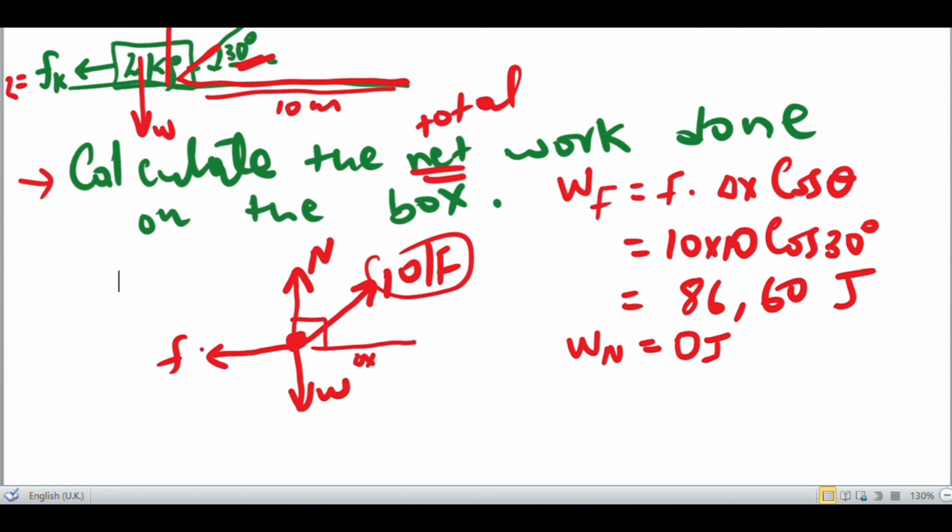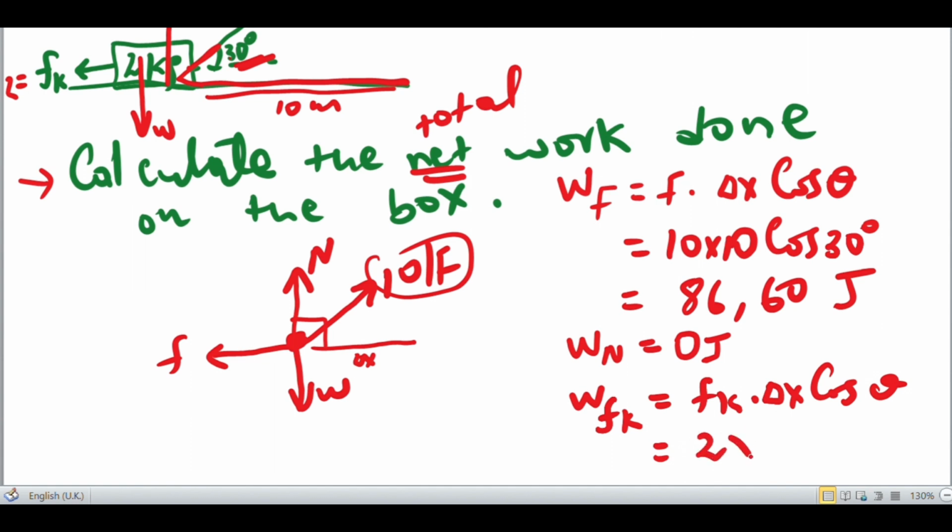Now, let's do the work done by frictional force. The work done by frictional force is equal to the frictional force times delta x cos theta. Now, the frictional force is equal to 2, displacement is equal to 10. Since we are calculating the work done by friction, we just put 180 here.